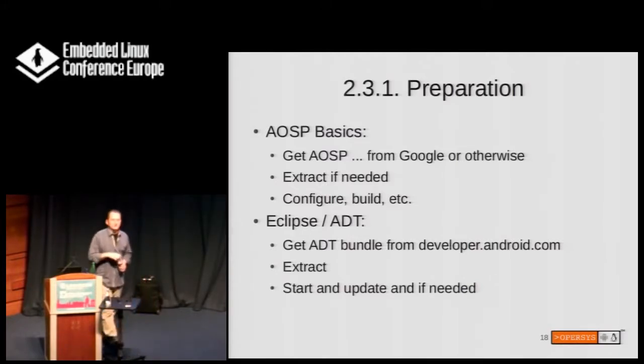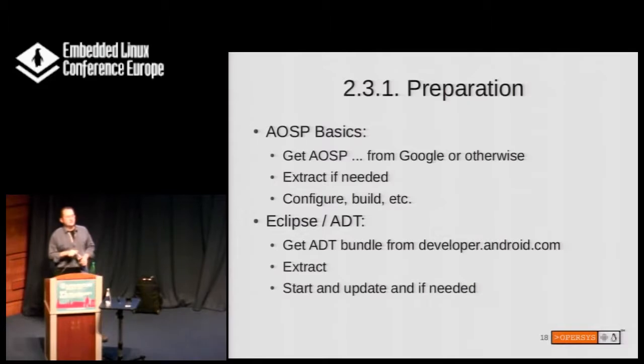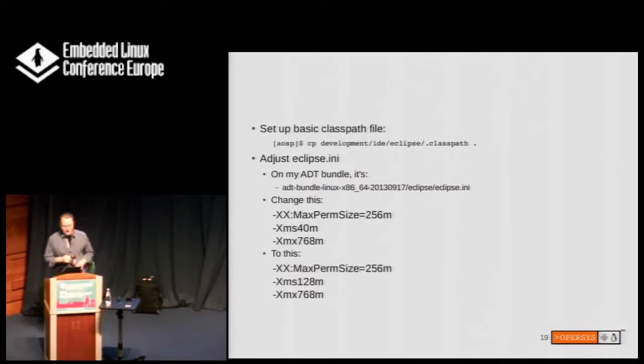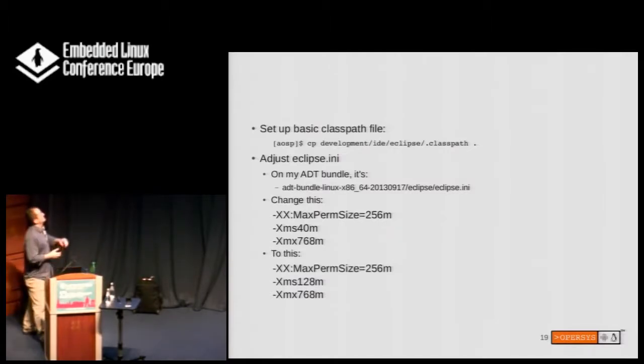There's absolutely nothing different from the environment you would use to develop or debug the AOSP. The first thing you have to do to make Eclipse able to deal with your AOSP is go get the classpath file that's in the AOSP itself.